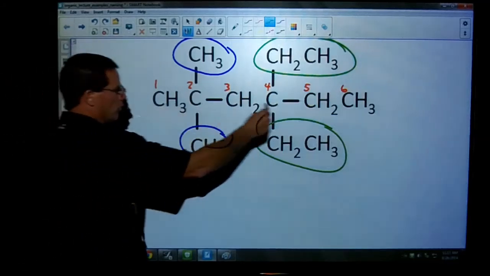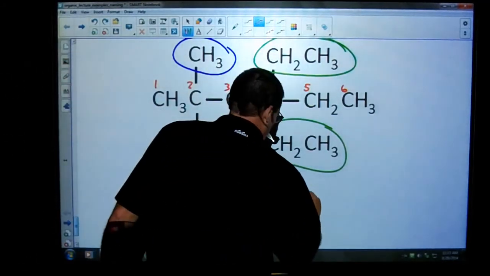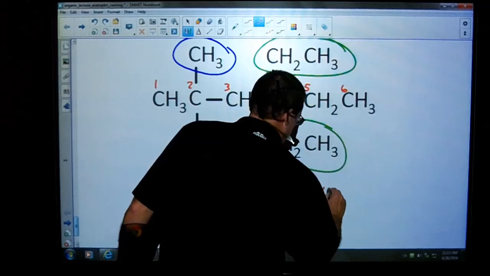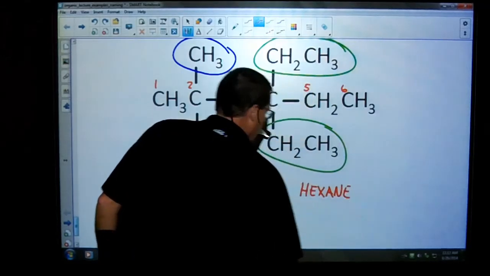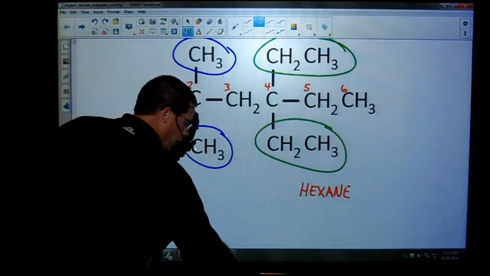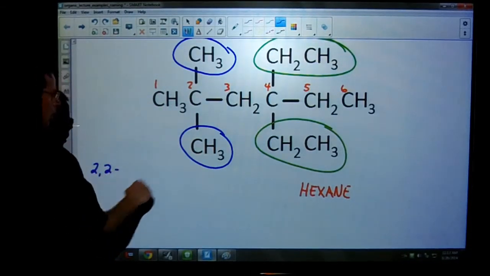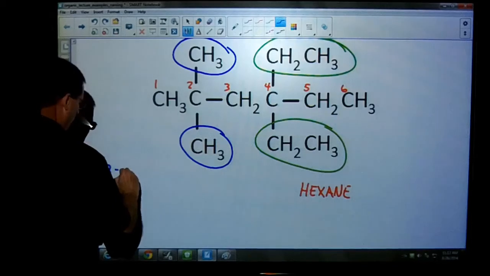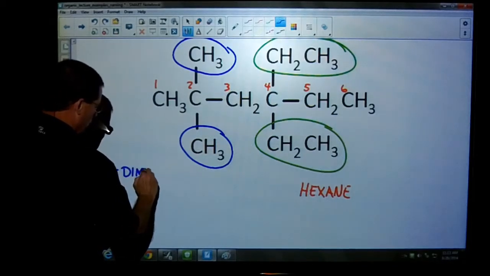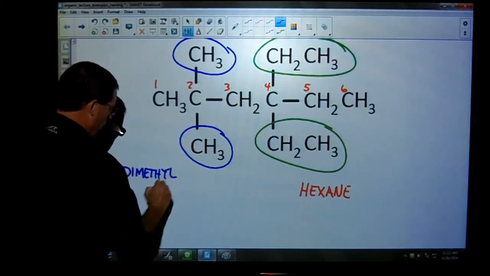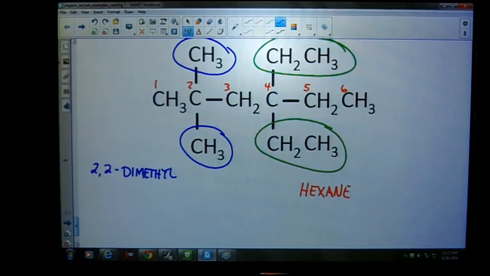So we have our 6 carbon chain, so that's hexane. Alrighty, and what we also have is a 2, 2, and we have 2 of those, so that's dimethyl. Okay, so 2,2-dimethyl. Actually, let's write that all in one thing there.